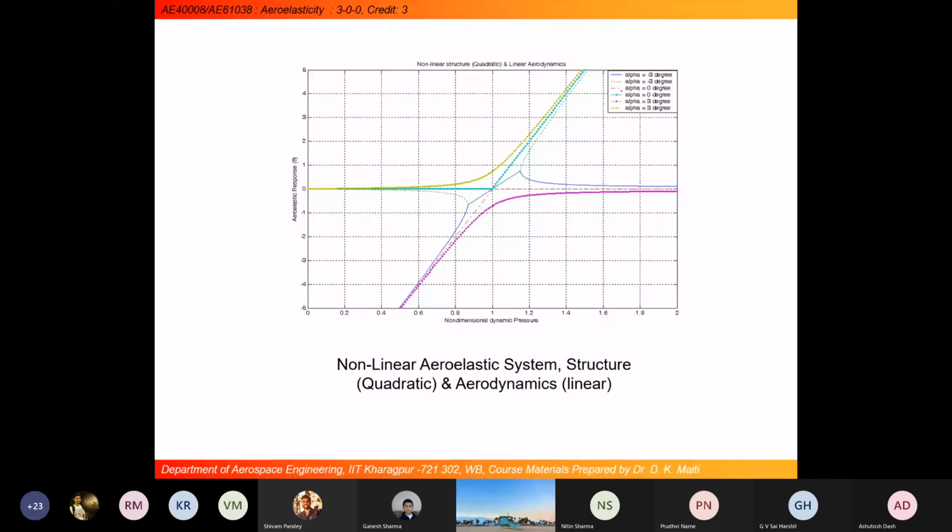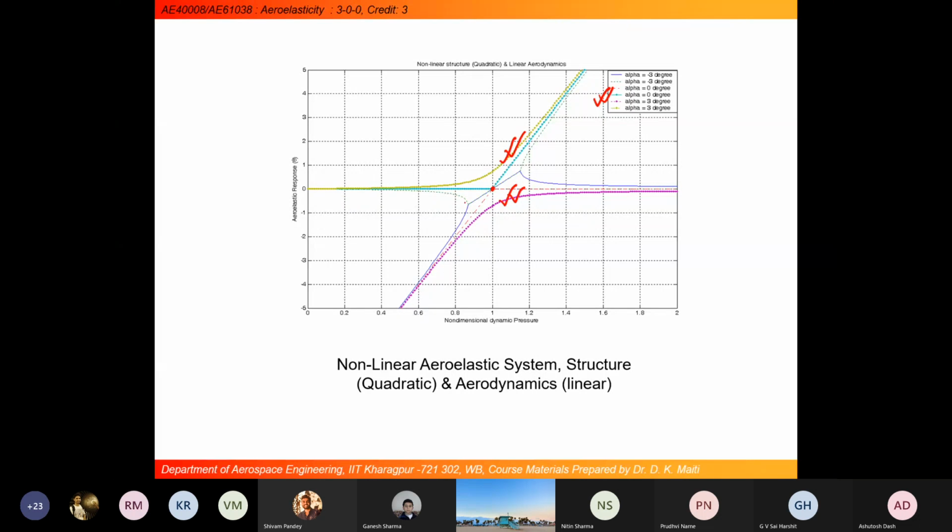When structural nonlinearity is there, this root is a straight route, meaning the function of theta with respect to q is linear for one root, and for another root it is quadratic, whatever we are getting here also. And when alpha is less than 0, that is a negative value of alpha, we are getting some root like this, then some root like this. Obviously, these are for different values of alpha I have considered here.